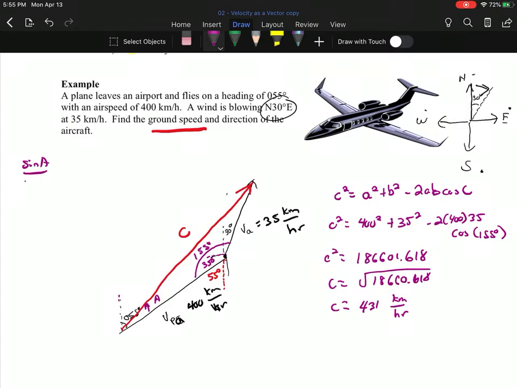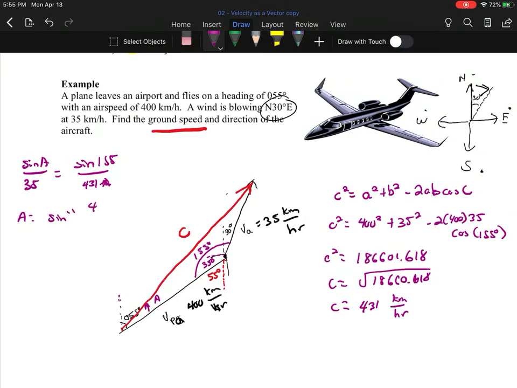So I'm going to do sine A over 35 equals sine 155 over the 431.2 I just solved for. You can see why I did that first, why I found the C first, because then I could do this angle.